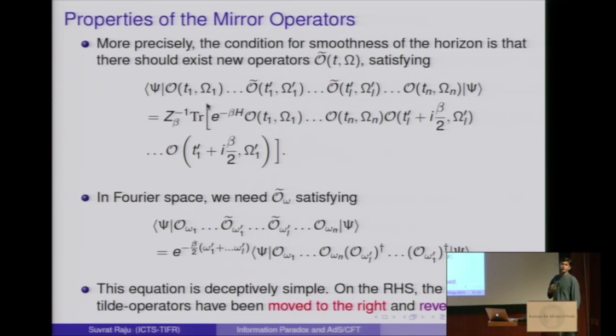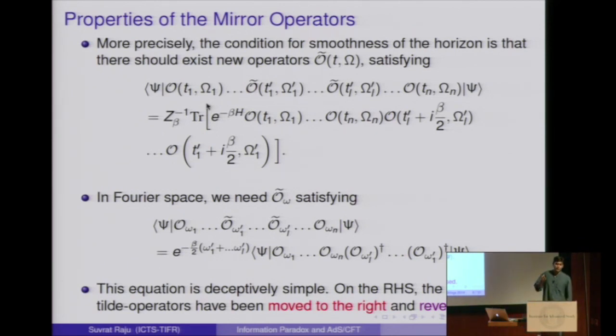So not only do you need these new operators, they have to have a particular kind of interplay with the ordinary operators, and there's an equation you can write down which roughly says that if you sandwich together some of these ordinary operators, which I'll call O, and some of these mirror operators, which I'll call tilde O, in a typical state, then what you should get is something that looks pretty similar to the thermal ensemble, but the mirror operators need to float to the right of all the ordinary operators, so they need to commute with the ordinary operators, and in addition, they also need to behave like the adjoint of the ordinary operators, but analytically continued.